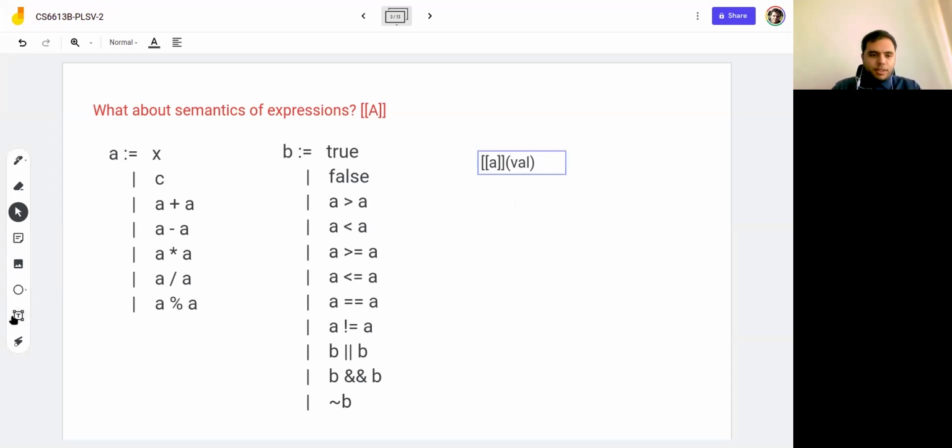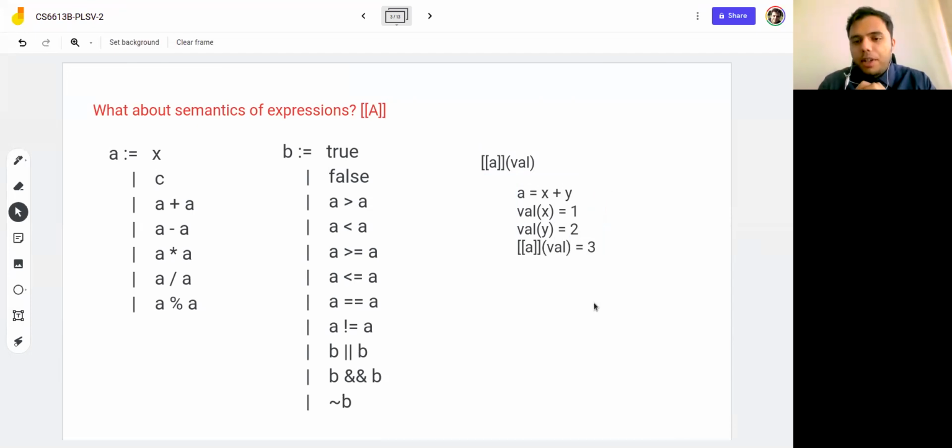So, for example, if A was x plus y, and in the valuation we had value 1 for x, and value 2 for y, then this would be 3. But this doesn't really explain the weird syntax that we have here. And that weird syntax has a good reason.